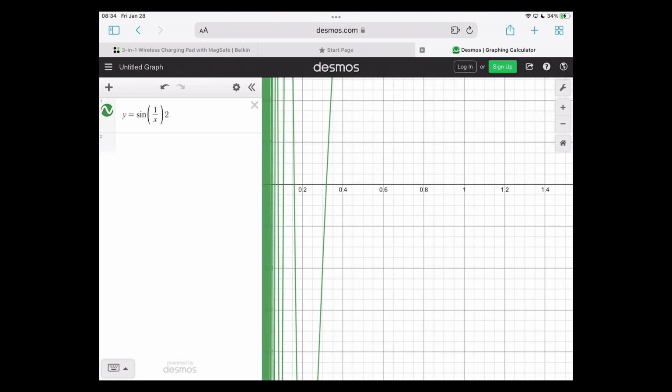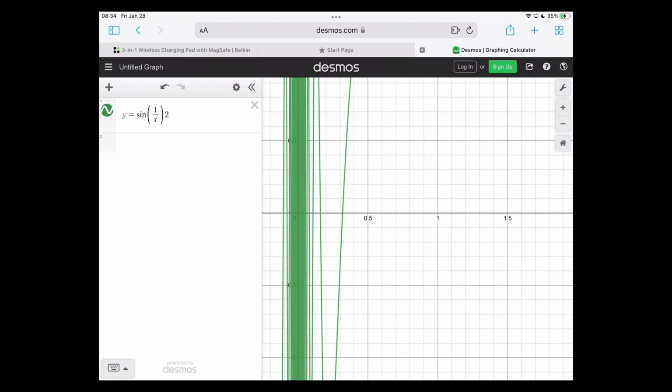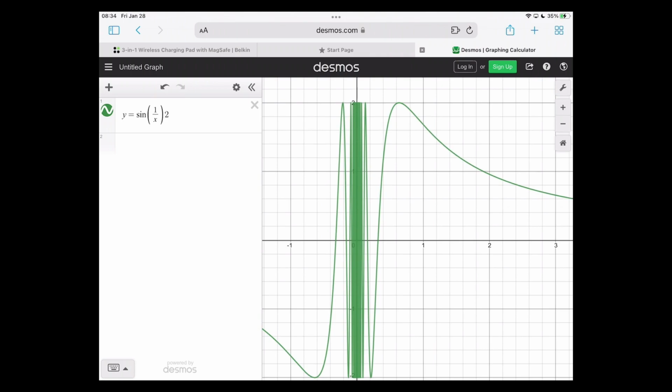Is there an x box that I can draw around 0 so that if I stay within some number of units away from x, I always land within this box? And the answer is no, because, well, where is such a point? What happens to the graph?